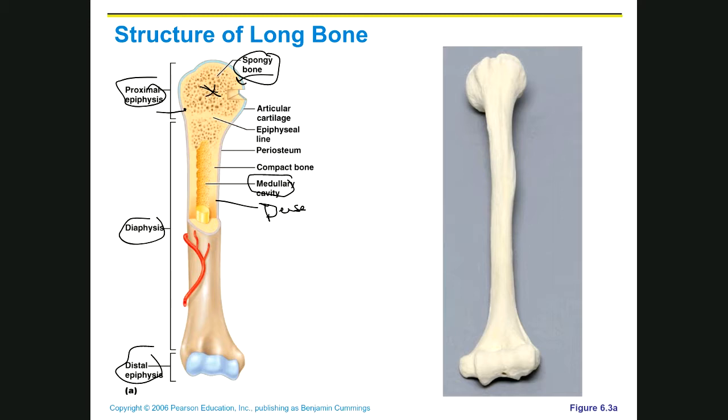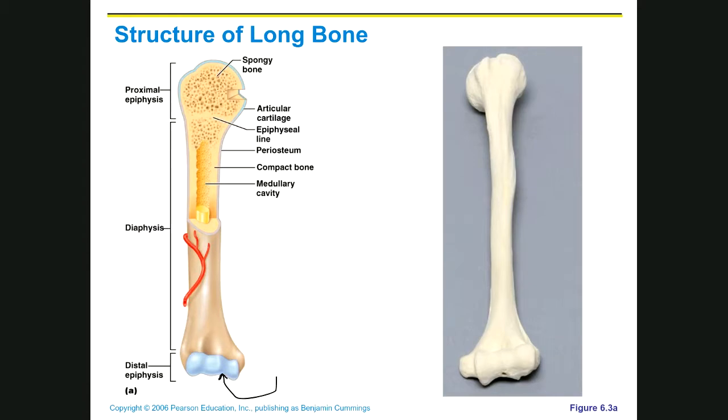Another thing we see with all long bones is that the end of every long bone is covered in cartilage. That's hyaline cartilage, and because it's part of the joint, it's called articular cartilage, but it's hyaline cartilage. Hyaline cartilage is very, very smooth.